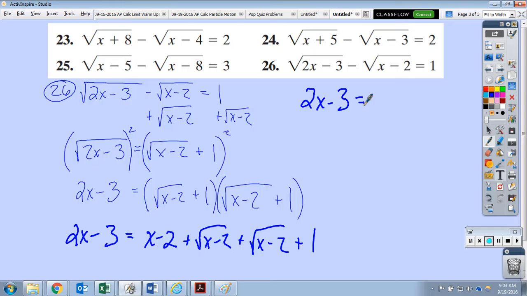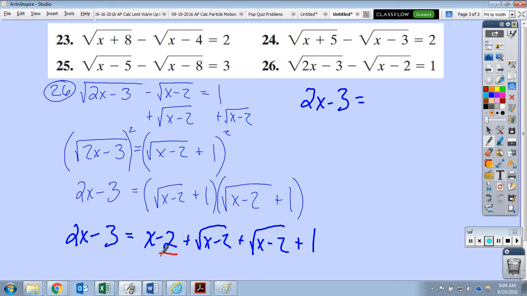So what does the right-hand side become? Okay, so we have this middle, if you add, would it be like x minus 4? Let's see if we can find like terms.